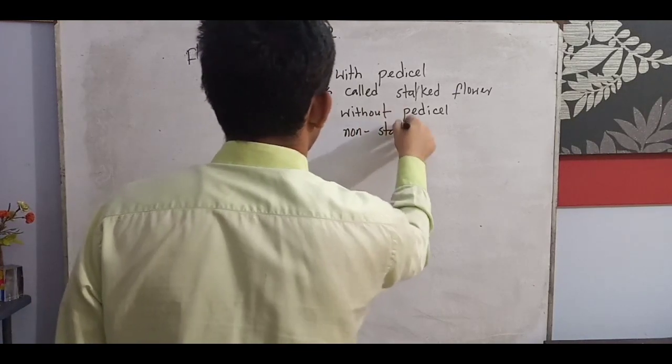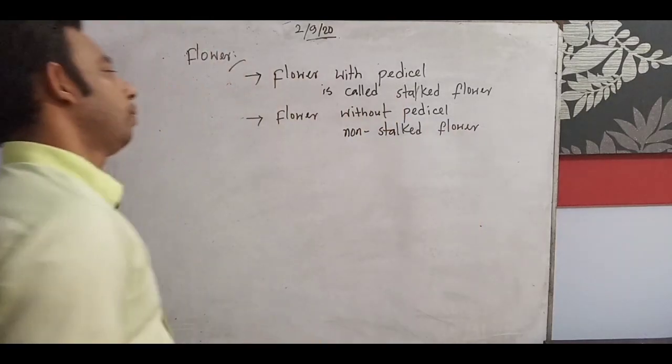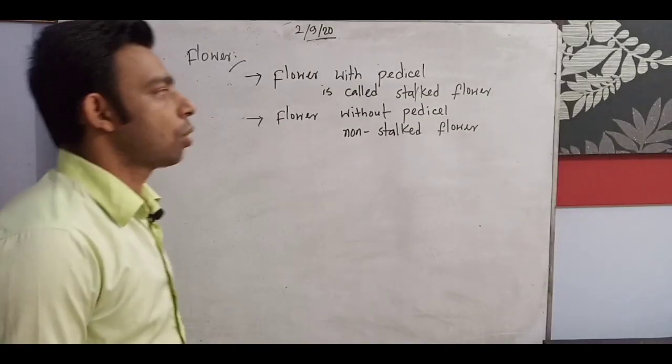So it is asking for 1 mark. Flower with pedicel, stalked flower; flower without pedicel, non-stalked flower.